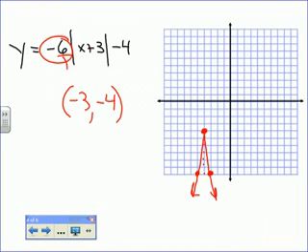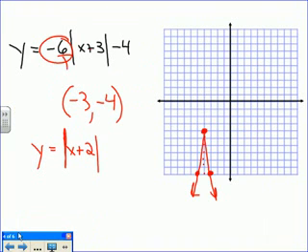When I put, let's just say, a negative 2 in there, negative 2 plus 2, that's 0.